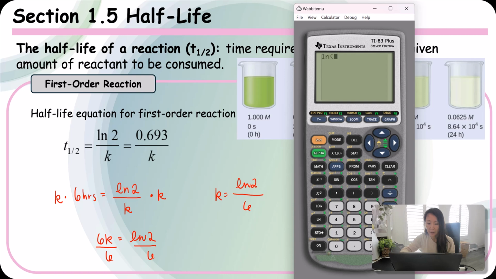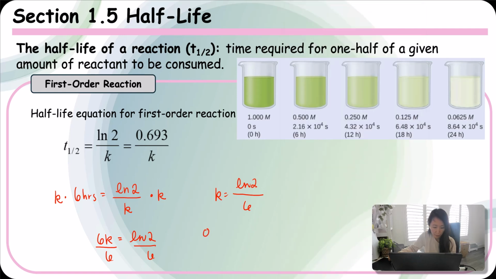So ln of 2, and then I'm going to divide that by 6, and that's approximately 0.116. And we know that this is a first order reaction and it's by hours, so it's hours to the negative first power, or per hour. So that's my rate constant.